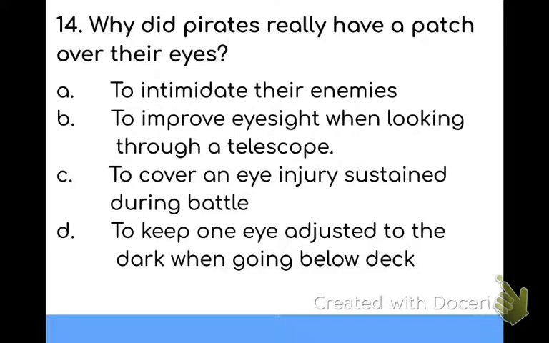Change the slide in 5, 4, 3, 2, 1. Next and last question.